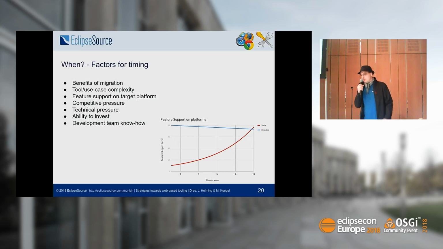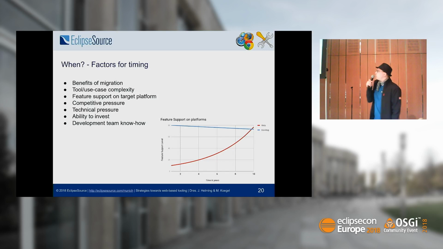Let's say maybe if Git would pop up in 10 years from now, would people really build a desktop-based client for it anymore? And if you look at the web-based side, I think currently the feature support is quite low if you look at a more complex tool. So you would have to do a lot of components yourself, you would have to do a lot of customizing, but it picks up really quickly.